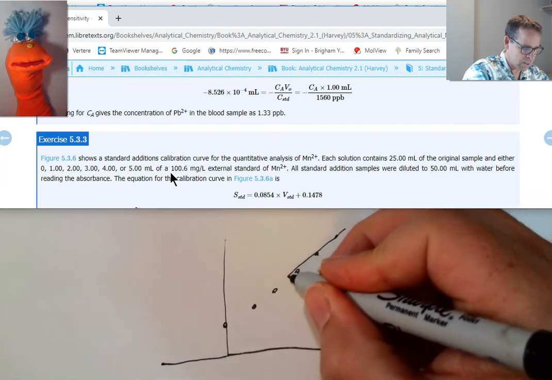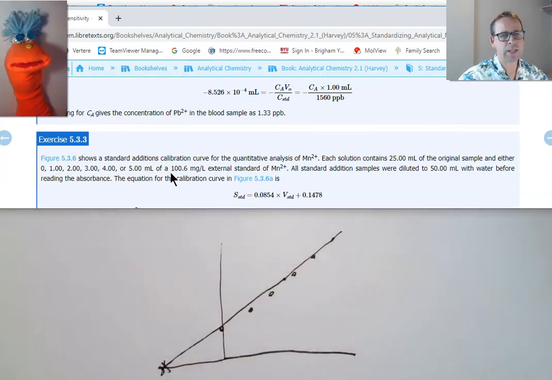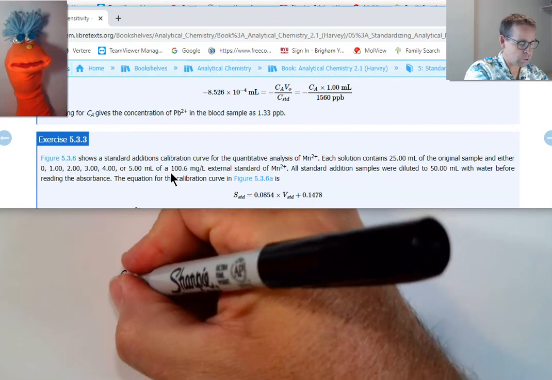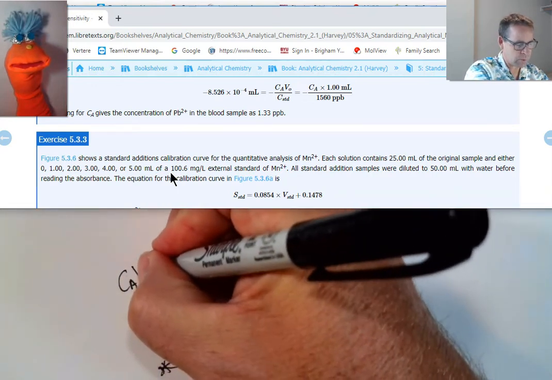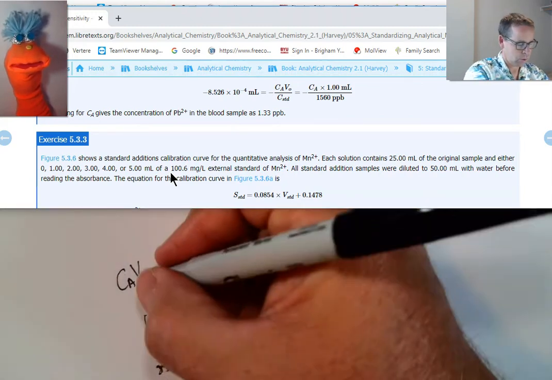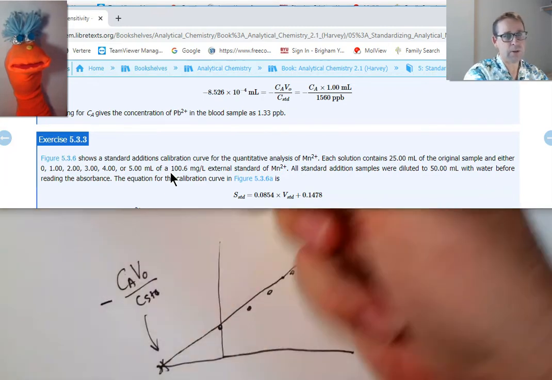Because we already showed that the intercept is related to the concentration of the analyte times the initial volume of our unknown solutions, divided by the concentration of the standard, a negative value.